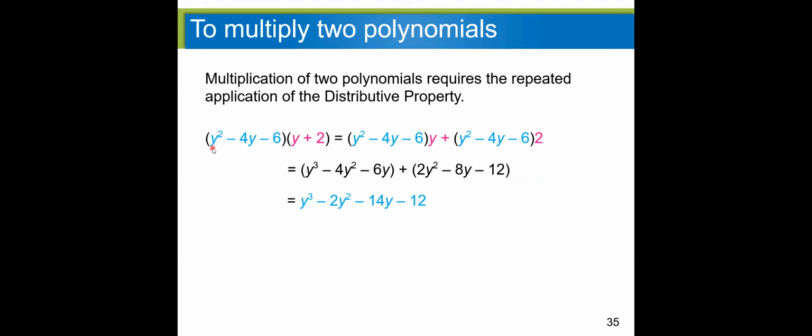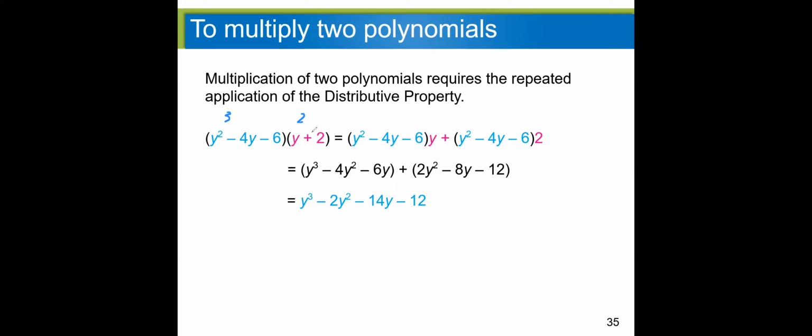Here we have an example of y squared minus 4y minus 6, a trinomial, 3 terms, being multiplied by the, in parentheses, y plus 2, a binomial, a trinomial with 3 terms, and a binomial with 2 terms.